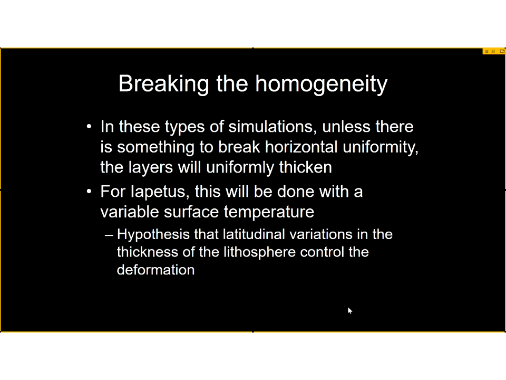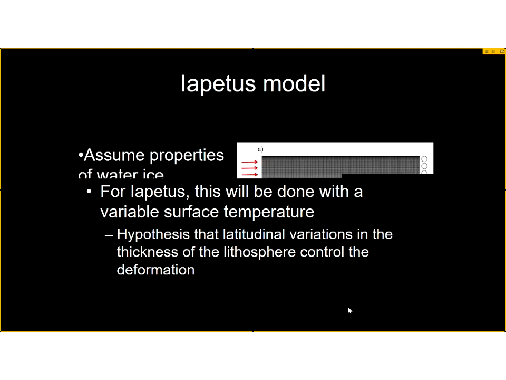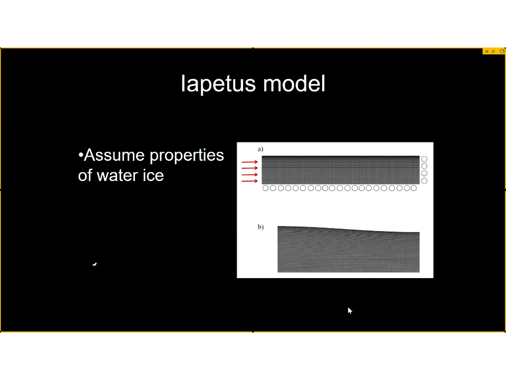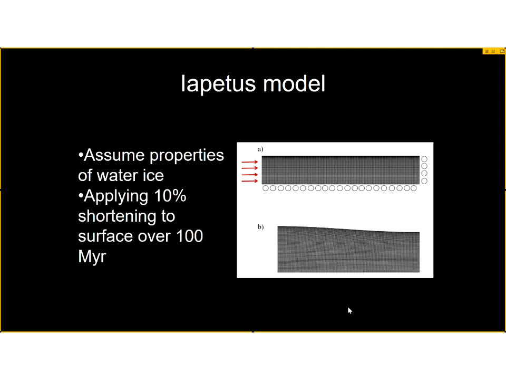And basically, the hypothesis that I was working on is that these variations in surface temperature and heat will drive variations from the heat flow to cause preferential lifting of the surface relative to another part. So I assumed water ice properties, and then I applied 10% shortening.